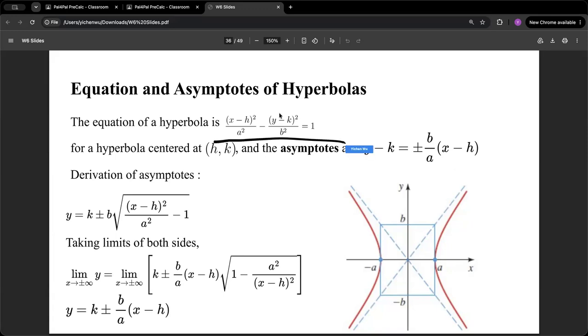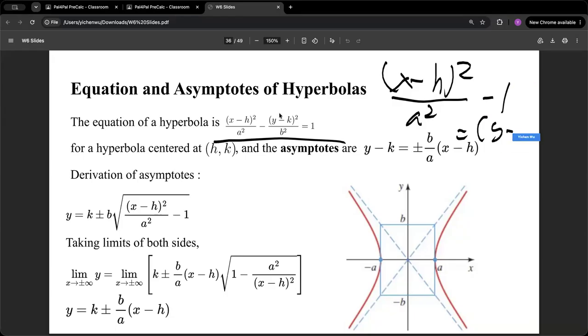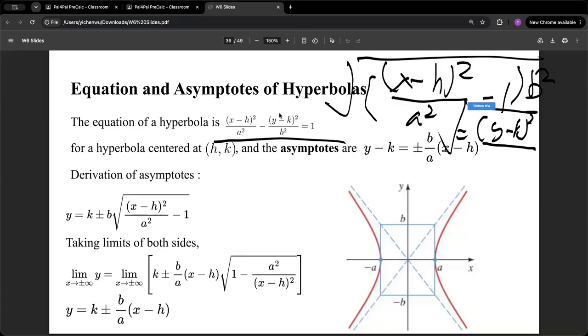From this equation, we can first move things so we get x minus h squared over a squared minus 1 equals y minus k squared over b squared. Then we can multiply both sides by b squared. Now we can square root both sides here, and then add k to both sides. So then we get this.